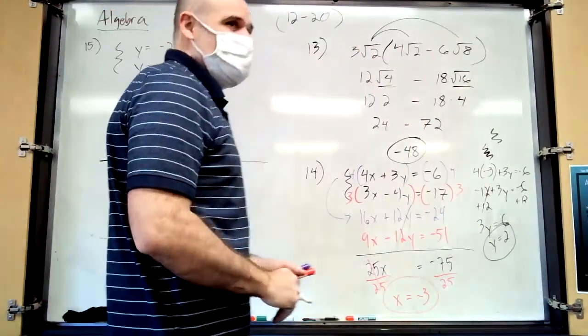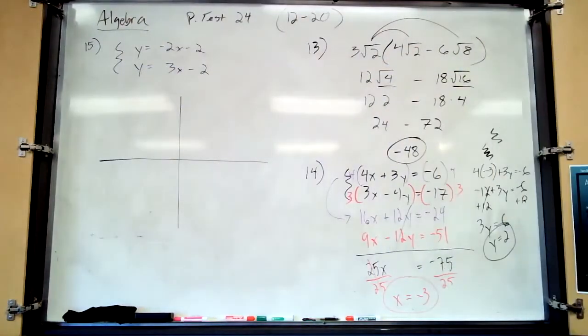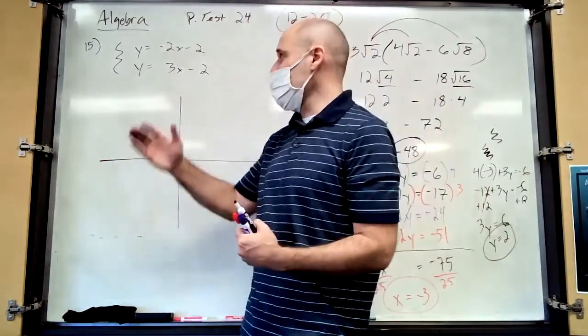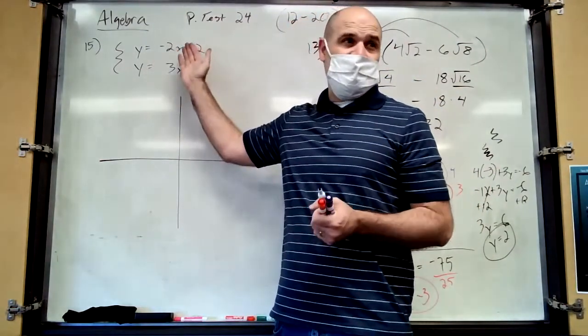Okay, there is a shortcut when it's in slope-intercept form. Are these equations in slope-intercept form? They are. When y is by itself, that's what it means to be in slope-intercept form. Because when y is by itself, all the secrets of the line are on the other side.